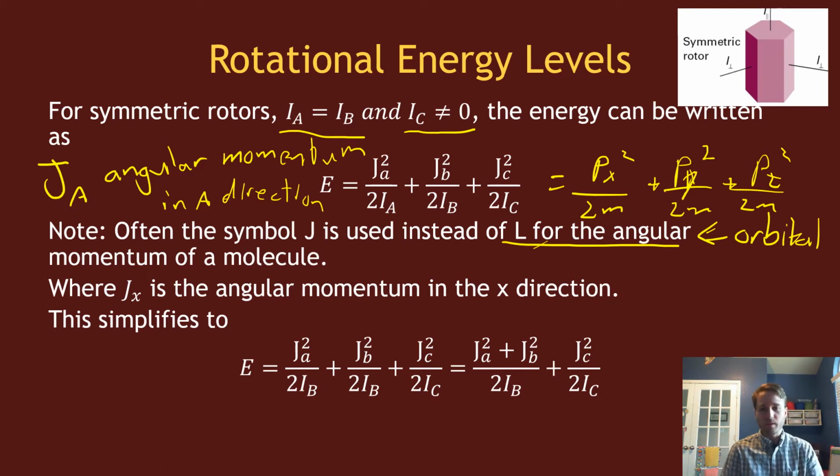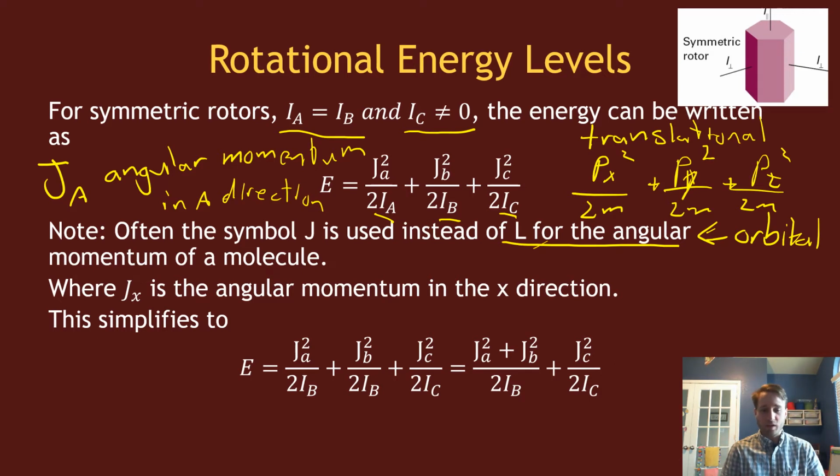So this is for translational kinetic energy, which is going to have the same mass in every direction. But here, for rotational, these moments of inertia depend on what direction you're rotating, and so they will potentially be different.